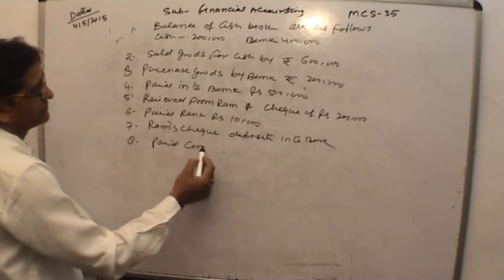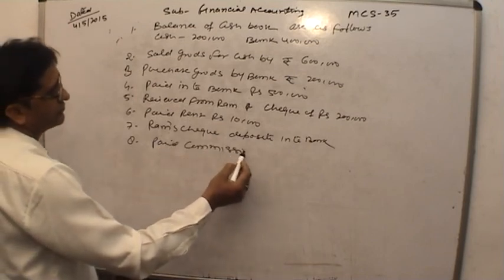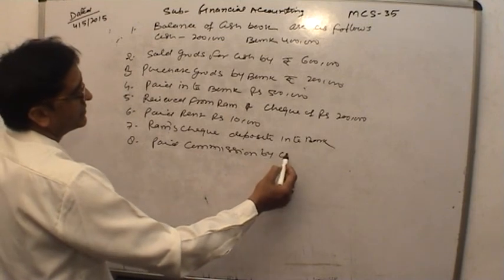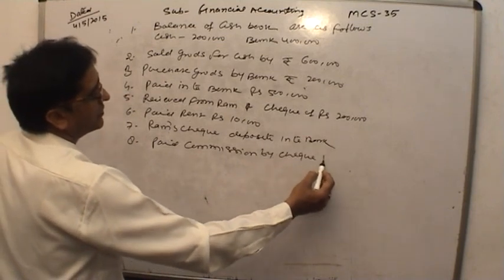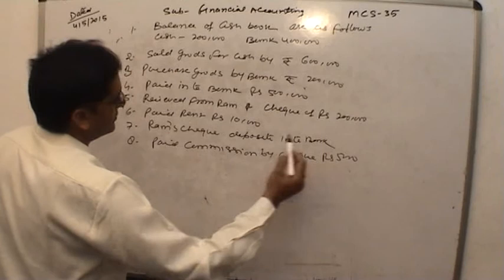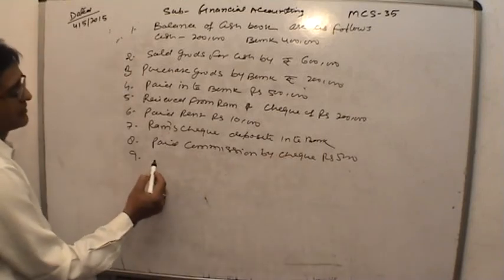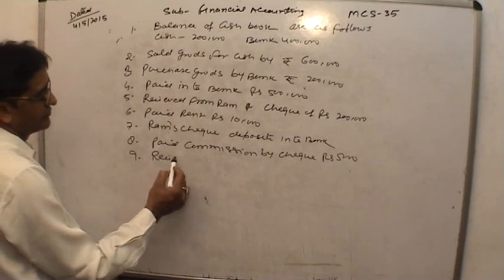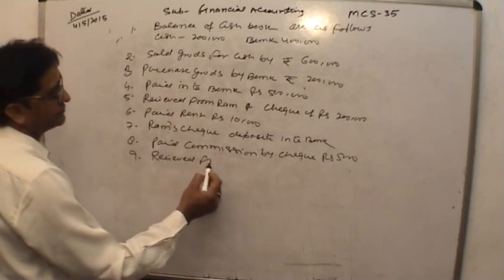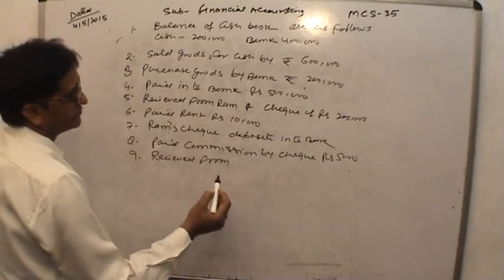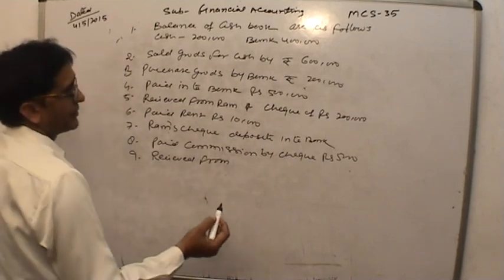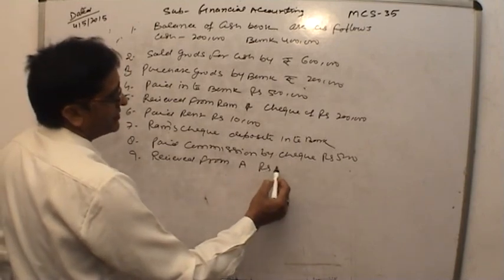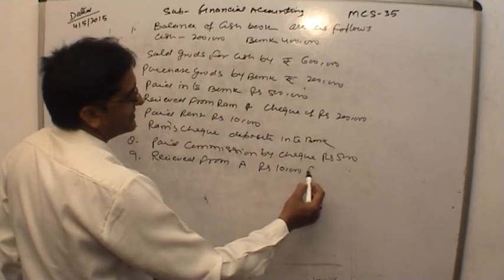Paid commission by check rupees 50,000. Received from A rupees 10,000 for cash.